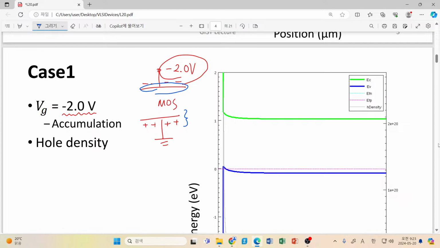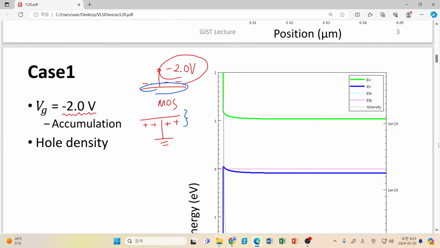Yes, so it means that in this highly negatively biased structure, inside your silicon, you will have so many positive charges. Then how can you get such a large number of positively charged particles? The magic is providing a sufficient number of holes.